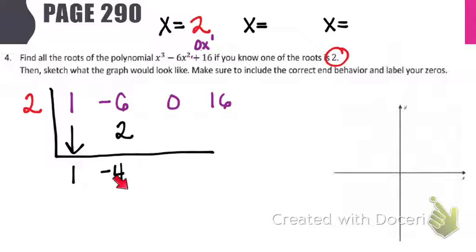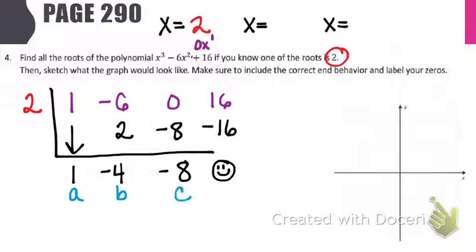Now take -4, multiply that by positive 2, and you get -8. Add that together, and you get -8. Multiply, and you get -16. Add that together, and you get 0. So I can be confident that I did that correctly.